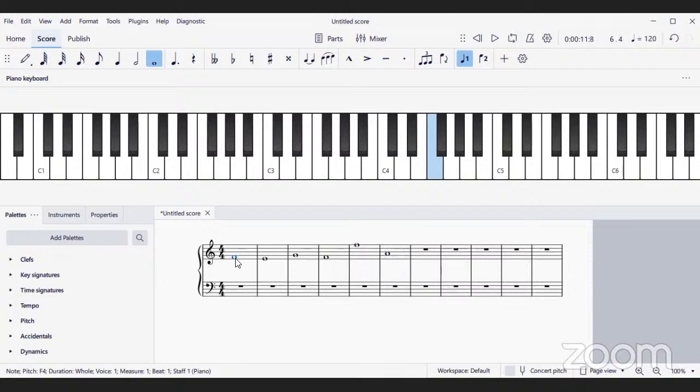I'm going to do that again. 1, 2, 3, 4, 1, 2, 3, 4. That is our whole note.